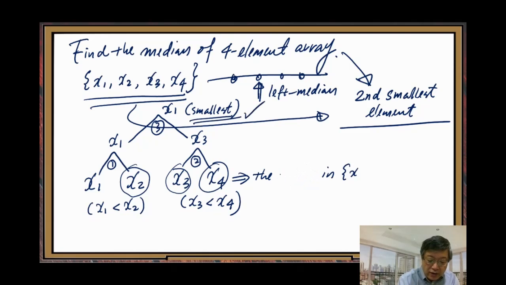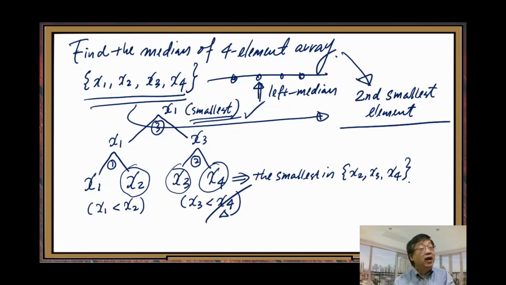So now the next smallest in x2, x3, x4. But here we already know x4 is greater than x3, so x4 cannot be a candidate of the smallest among the remaining 3. So we can cross out x4.